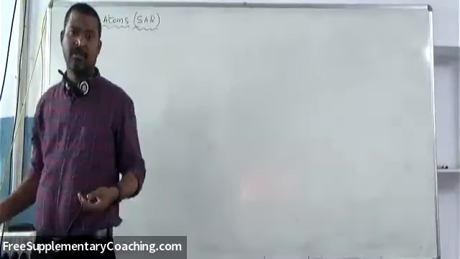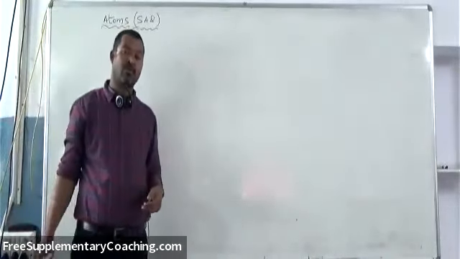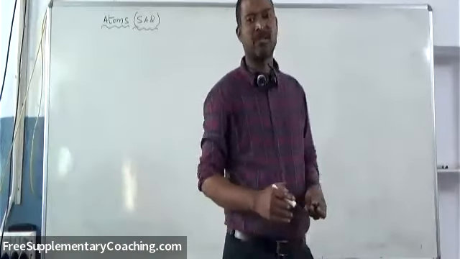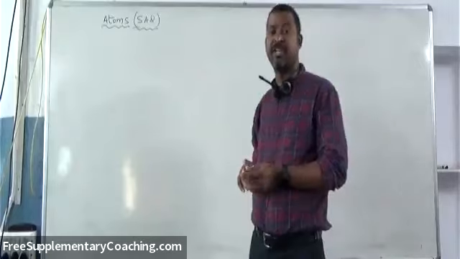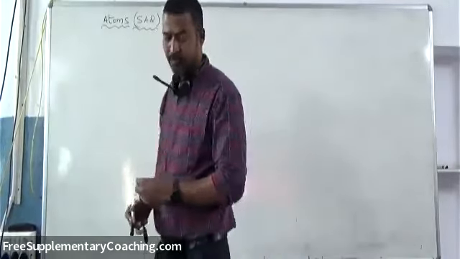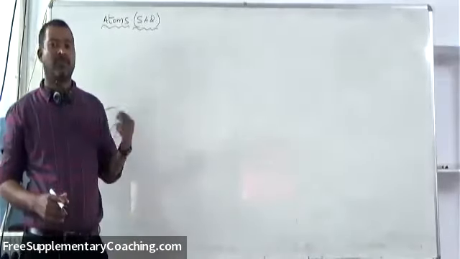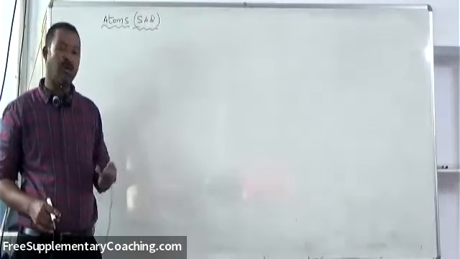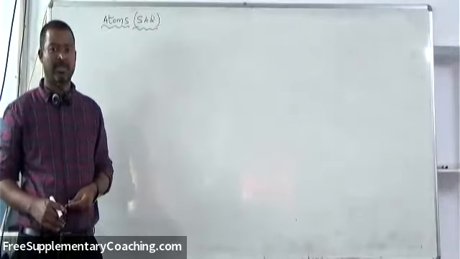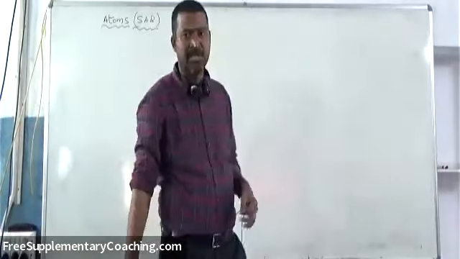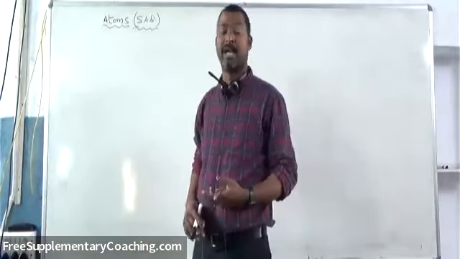The second one is, what are the limitations of Bohr model. And the third one is de Broglie's explanation of Bohr's second postulate. So these are the three important questions from atoms.